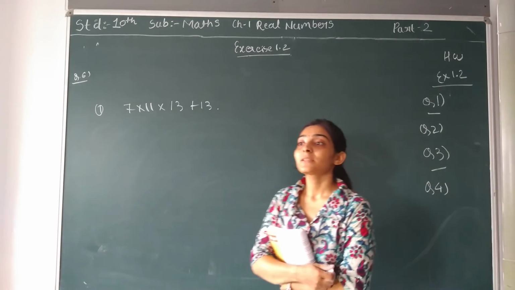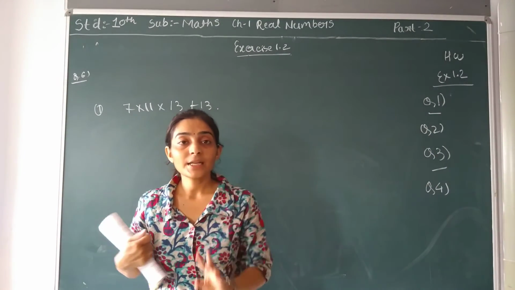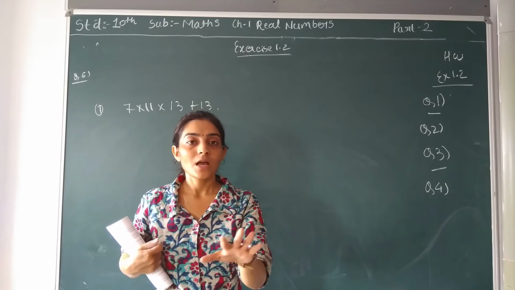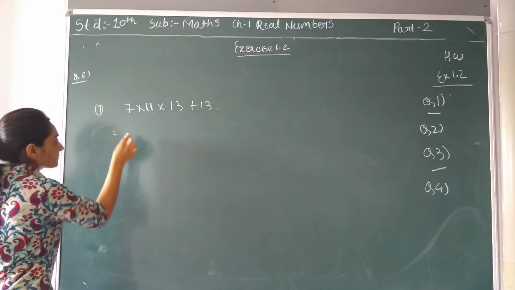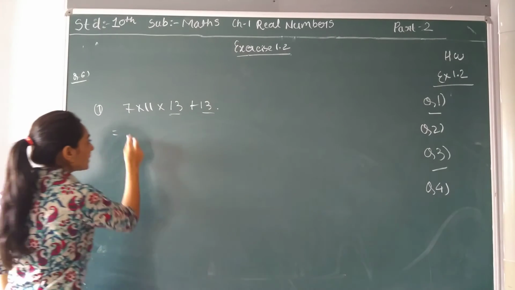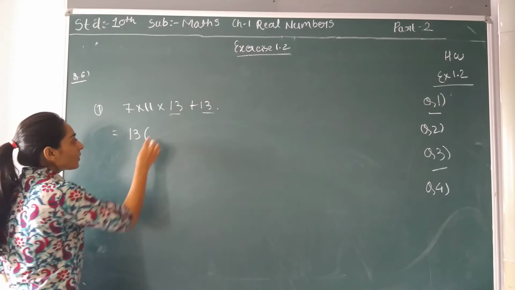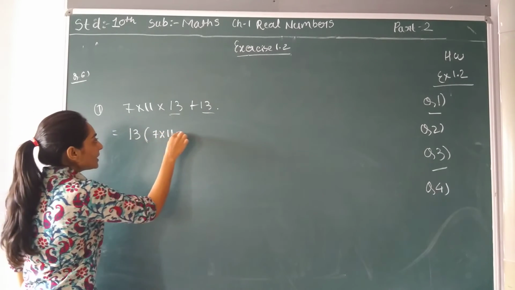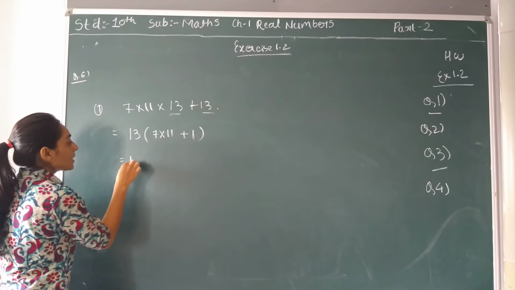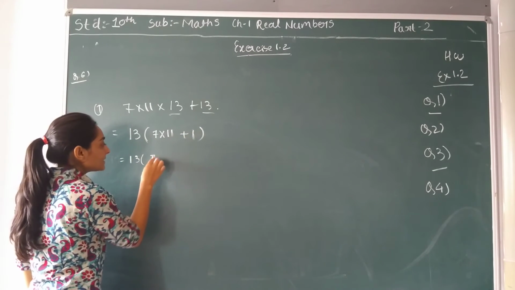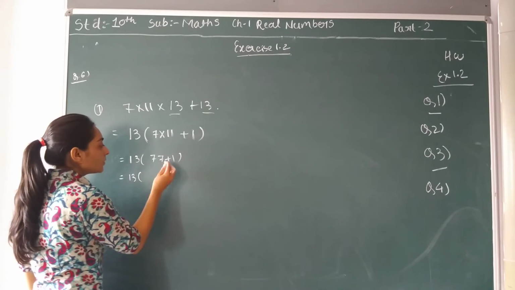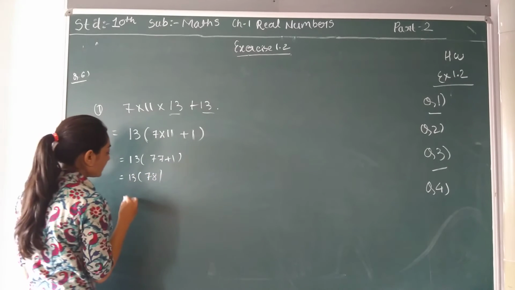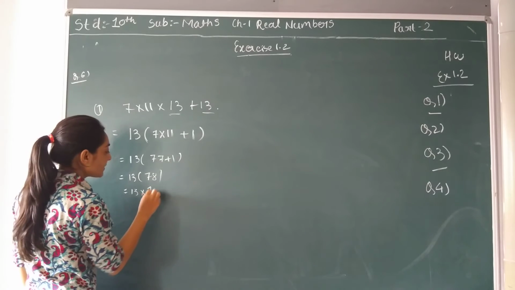The definition of composite numbers says it contains more than 2 factors. So now observe this. The 13 is common. I am taking 13 as common. What is left is 7 into 11 plus 1. So 7 into 11 is 77, plus 1. So it is 13 into 78.